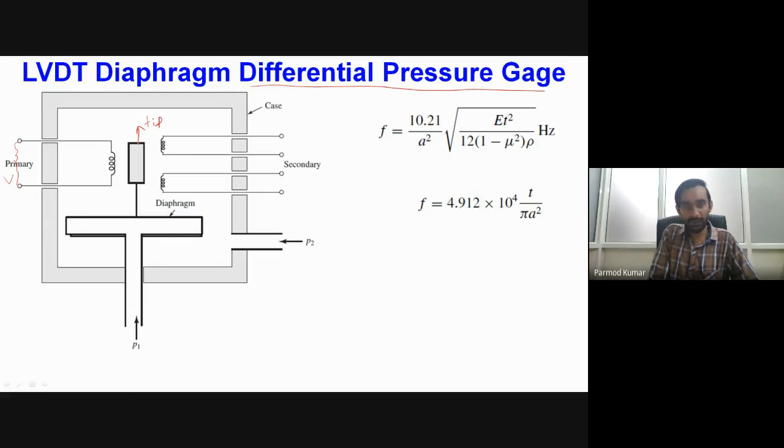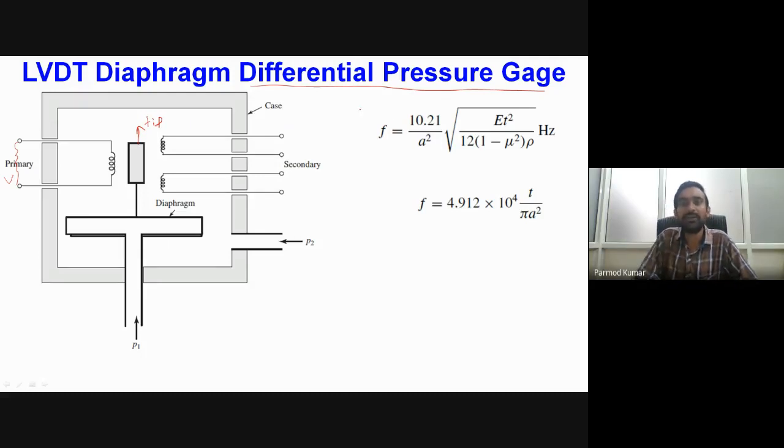Depending upon the location of the tip, there will be an output voltage obtained from the secondary coils, and for different pressures there will be different displacements of the diaphragm. Corresponding to that, we can note the values of the output voltage and calibrate our pressure measurement device.